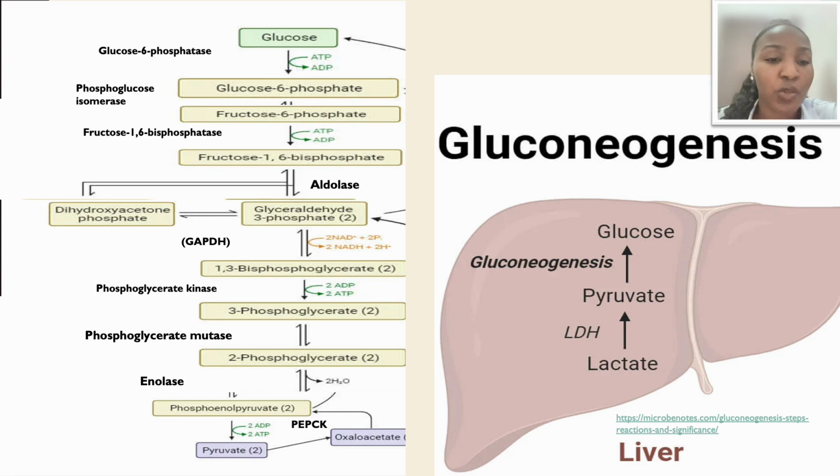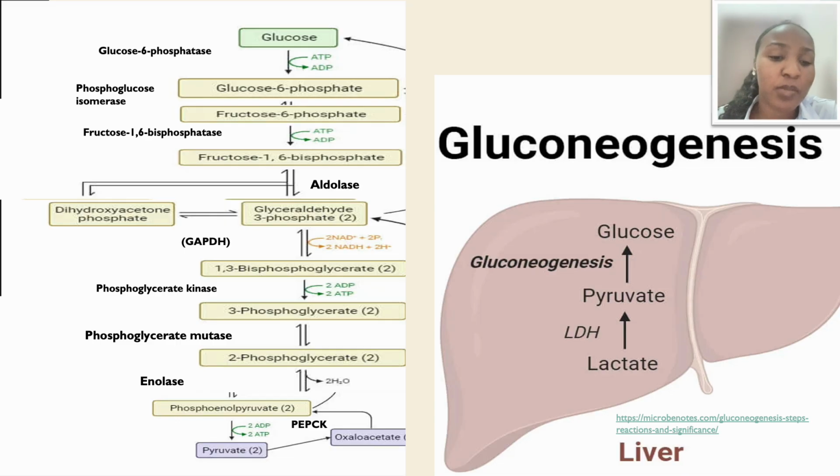Now, I do want to mention, which I almost forgot, that there are some bypass steps here in gluconeogenesis. Reason being is because in glycolysis, there are some irreversible steps that take place, and it would be physically impossible to go backwards through the reverse pathway to perform those same exact steps. So because that's physically impossible, gluconeogenesis uses different enzymes to perform the same thing, but not using those specific enzymes.